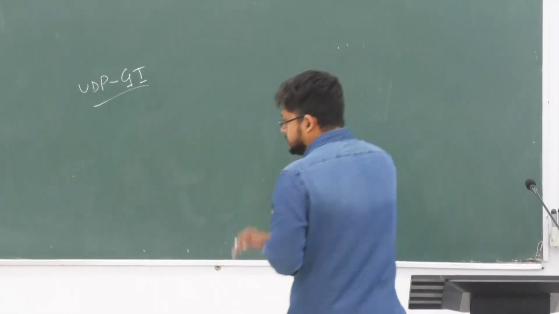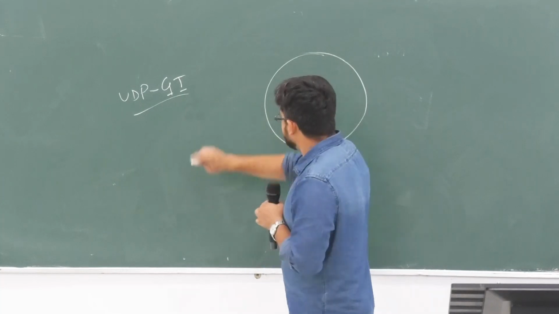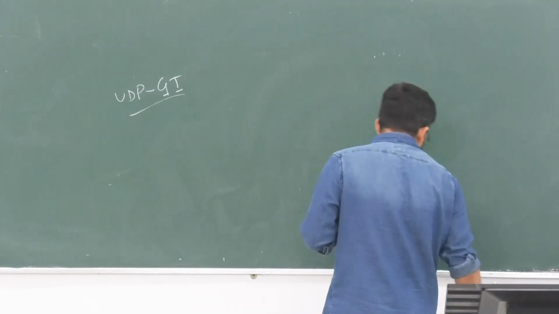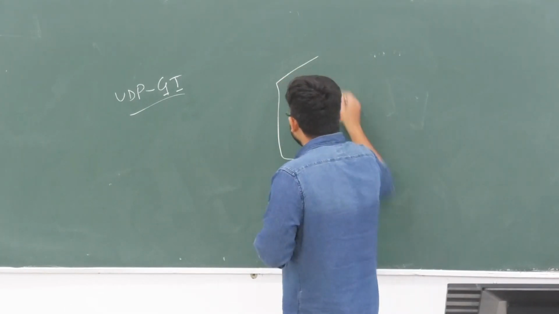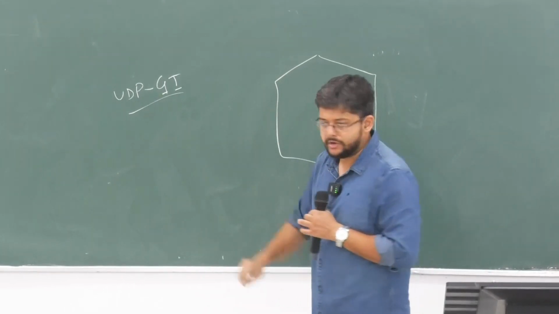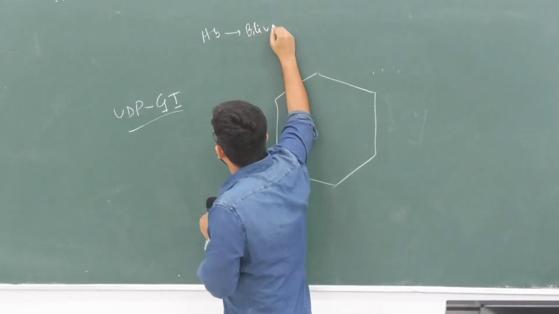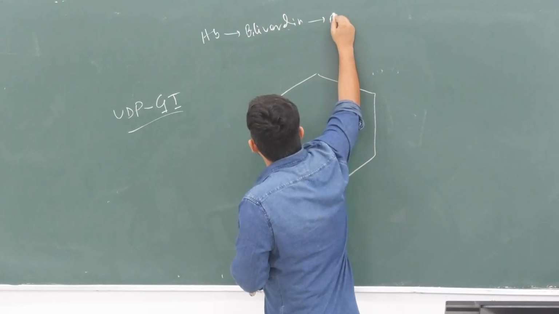So if we look at the whole thing very quickly, I should draw at least a hexagon here. So this is hepatocyte. Now this is hemoglobin. Suppose bilirubin has come.